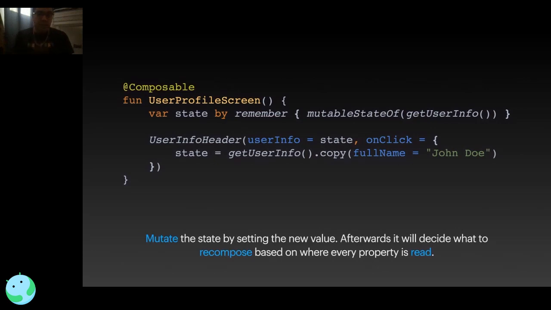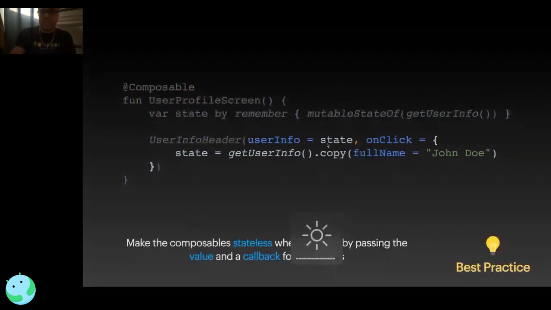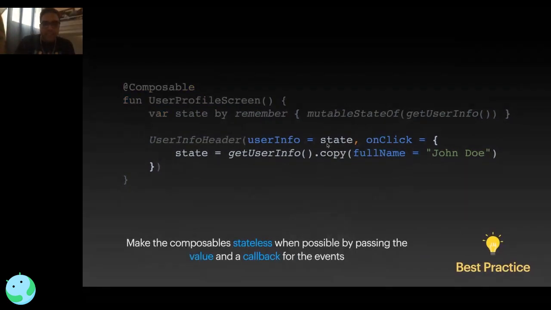In this case, we just use state equals the new data, where I'm taking the get user info data and just making a copy, and changing what I need to change. Remember that our data class, although I didn't show it, is immutable. All the variables like full name, headline and picture are immutable. So the way I can update it is by making a copy like I'm doing here.